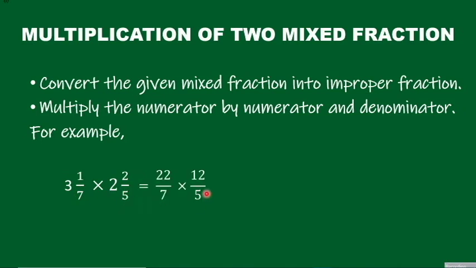Let's check. Yes, okay. Then afterward we will perform the multiplication. As we know, we multiply numerator with numerator and denominator with denominator. So we multiply 22 with 12 and 7 into 5. And the result we get is 264 upon 35.